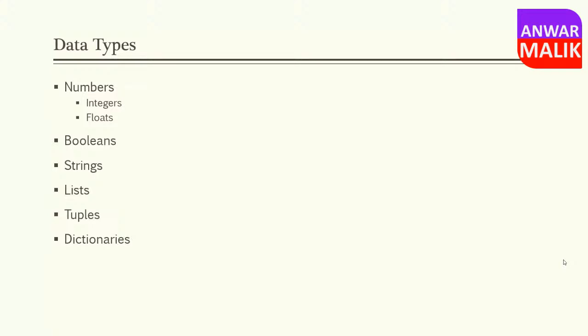Then we can have booleans. So booleans are nothing, but they are just true or false. Booleans are binary basically. It can be 1 or 0. That's it. And for you, 0 can be false, and 1 can be true. It's the same for the computer. Computer understands 0 and 1.